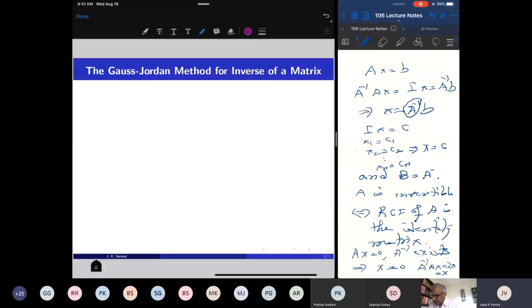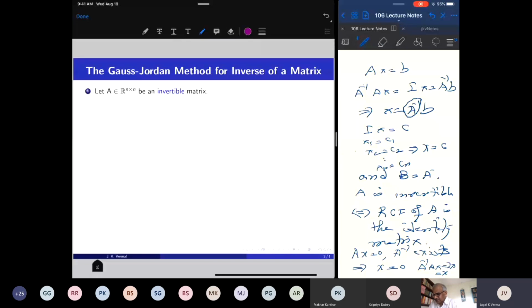But an efficient method to calculate the inverse of a matrix is the Gauss-Jordan method, which depends on what we just observed: that if we have an invertible matrix A, and Ax equal to B, then a solution can be found by converting A into row canonical form, and those elementary row operations will convert the vector B into a vector C, and that C is the solution. So let us use this fact to understand the Gauss-Jordan method to find the inverse.